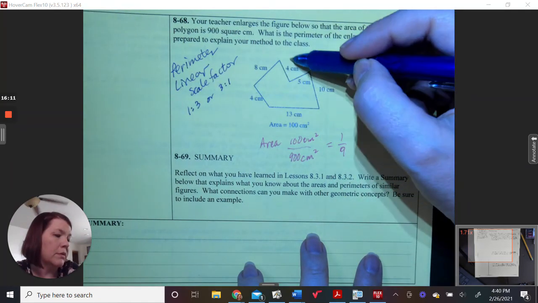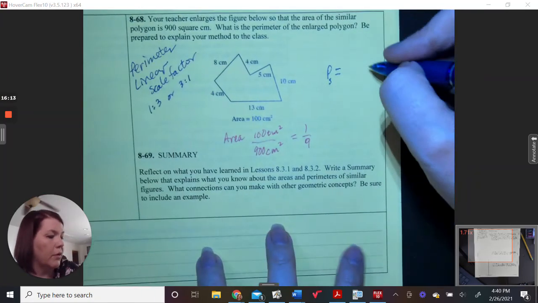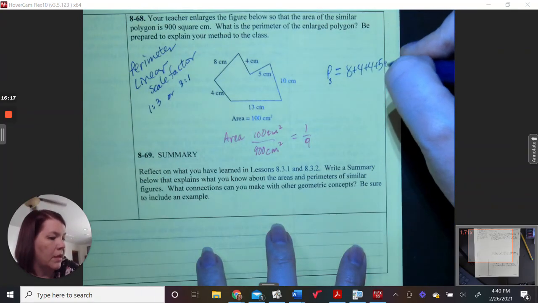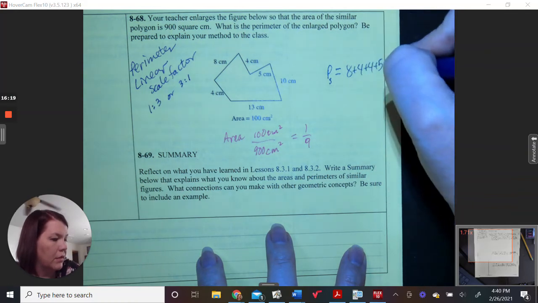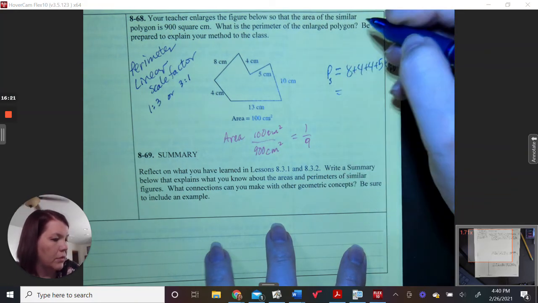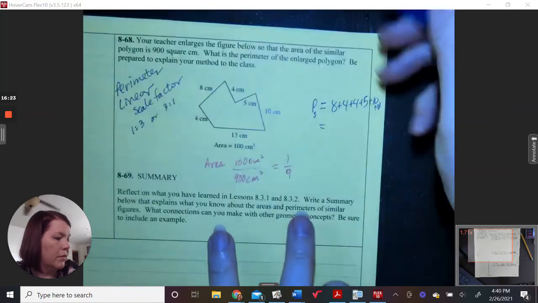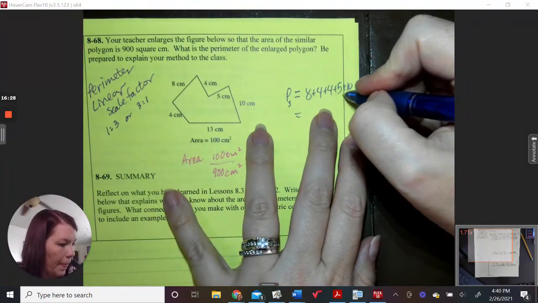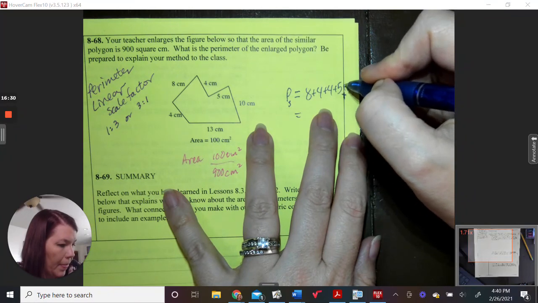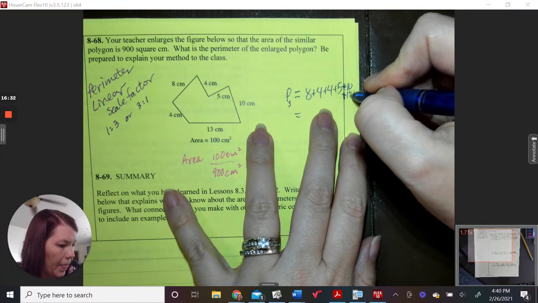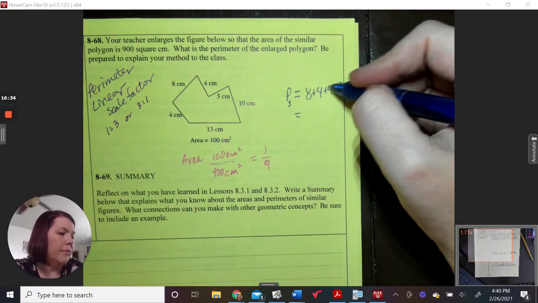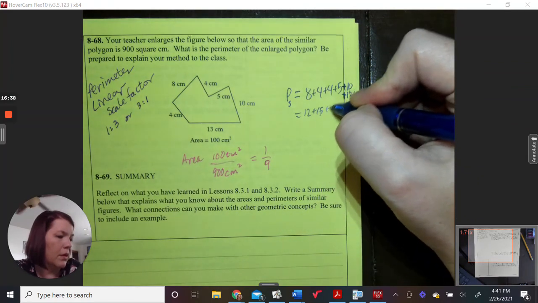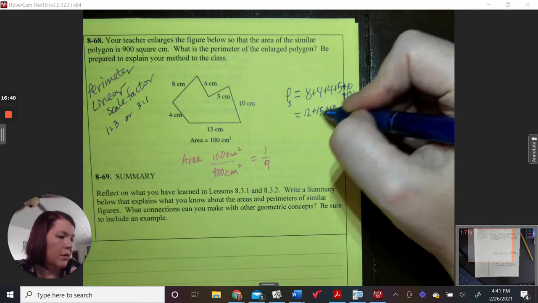So my perimeter is 40 centimeters. What is my perimeter large? What are we going to do? We'll take 40 and times it by 3. So my large perimeter is 120 centimeters.